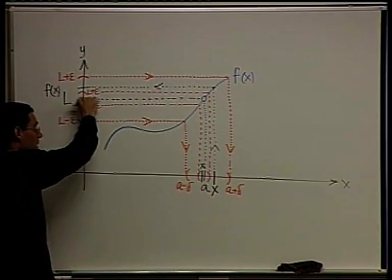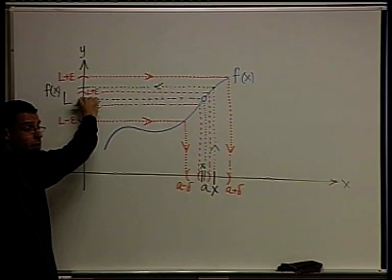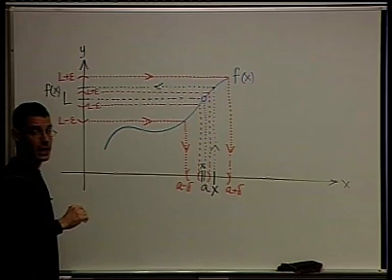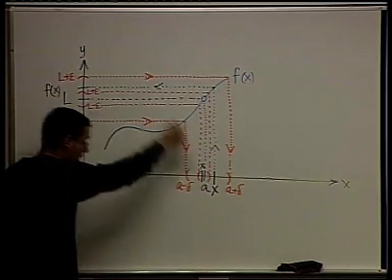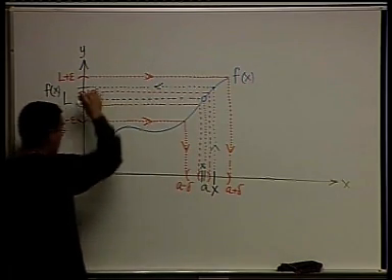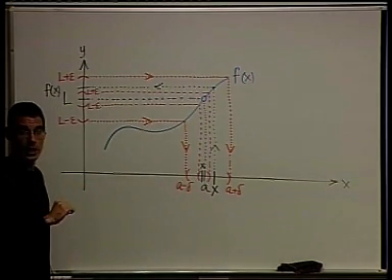I can now take an even smaller epsilon and guarantee the f's to be that close to L. And I can take an even smaller epsilon and guarantee for x's very close to A, for the f of x's to be very close to L.